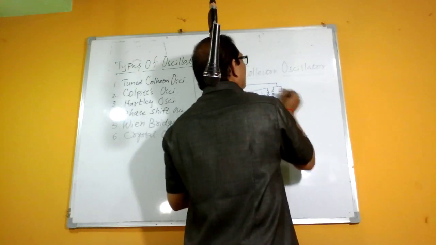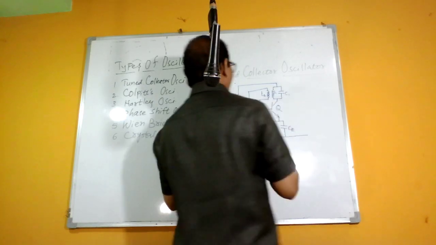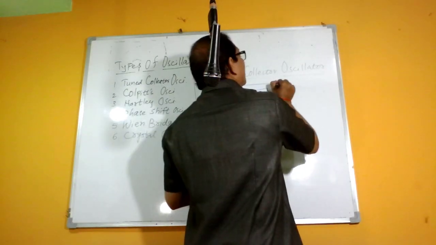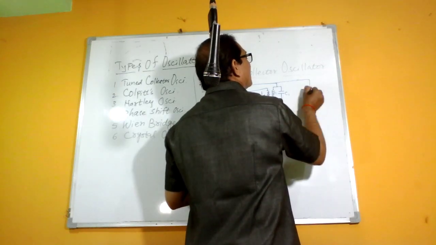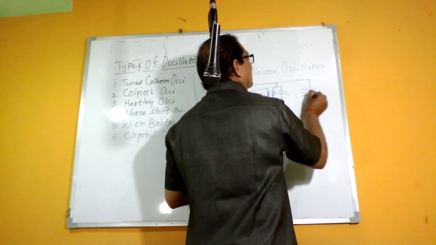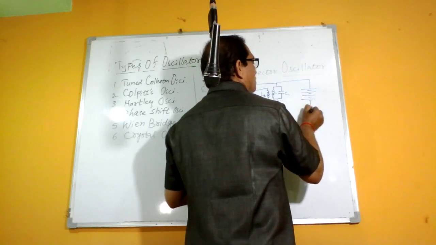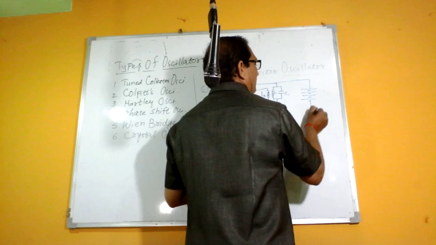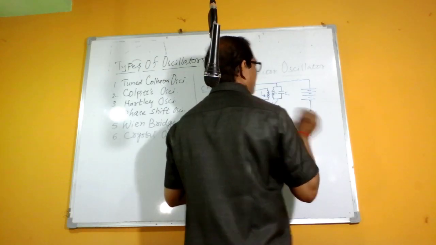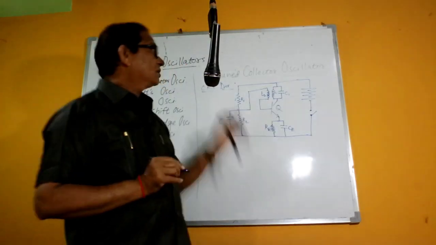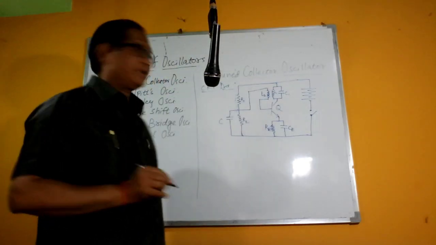So this is C1, this is L1, this is the transistor Q. Then we have the VCC supply, and a switch is to be placed over here. So this is the circuit diagram to study the tuned collector oscillator.